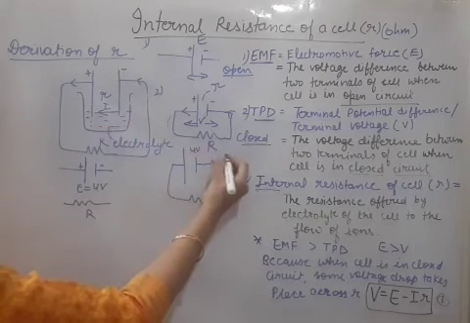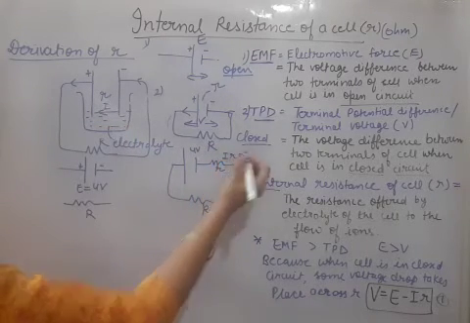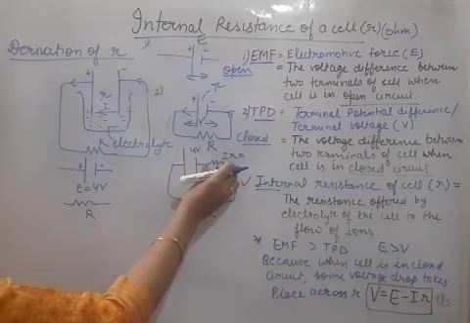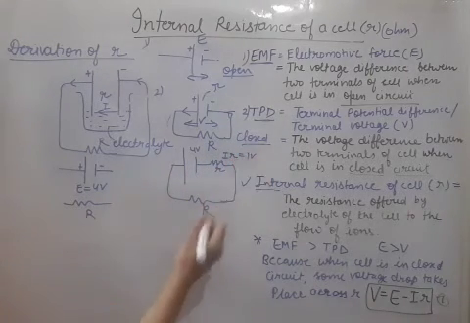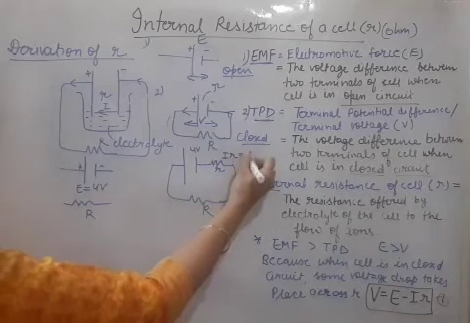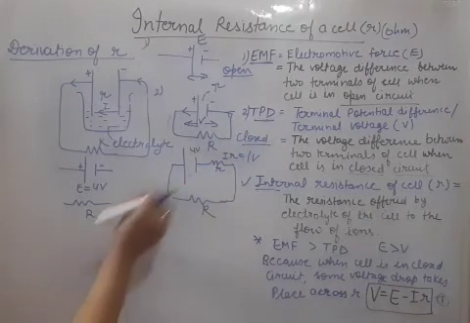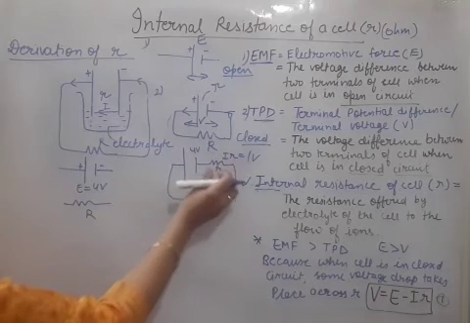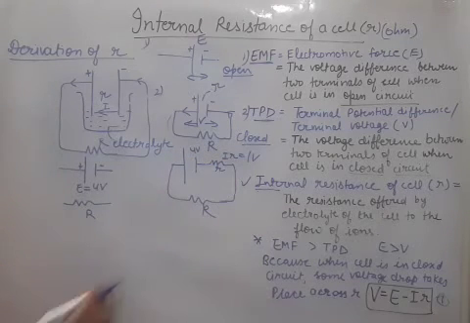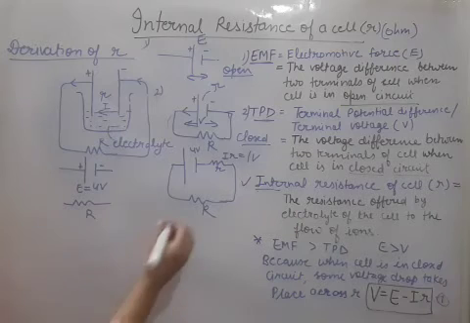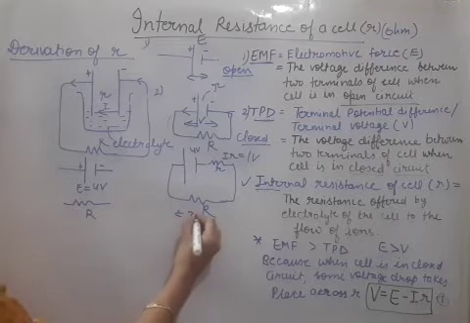So some voltage drop, Ir, here also takes place. Suppose this small r takes 1 volt, that means the voltage drop across the internal resistance is 1 volt. So from 4 volt, 1 volt is already taken. So how much voltage is available for the external circuit? Now it is only 3 volt.